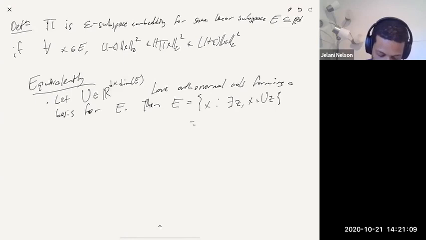In other words, this is the set of all vectors UZ where Z is in R^K.